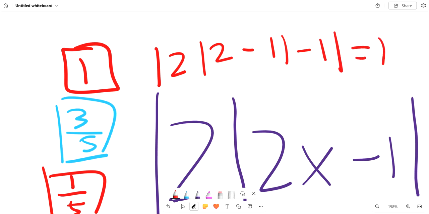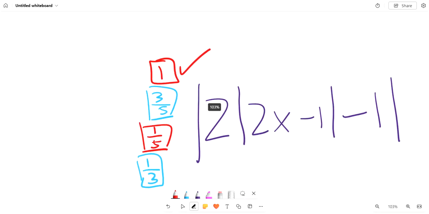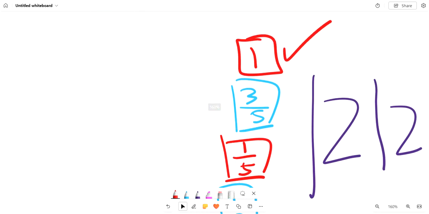So to check this, we know that this simplifies to 1. So this just simplifies to 2, and we get 2 minus 1 equals 1. So this is correct.